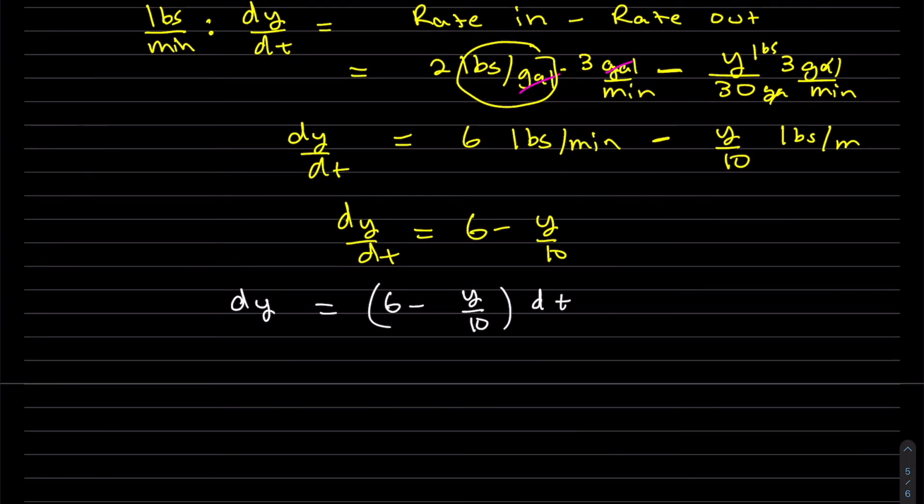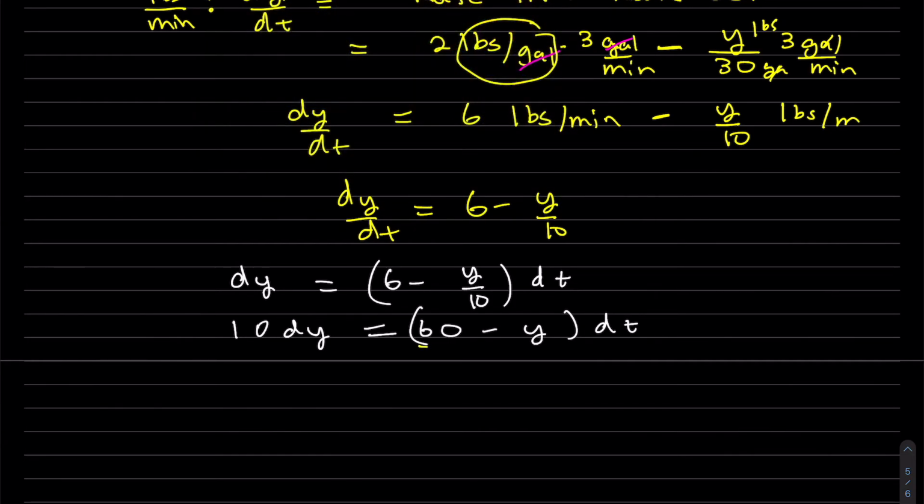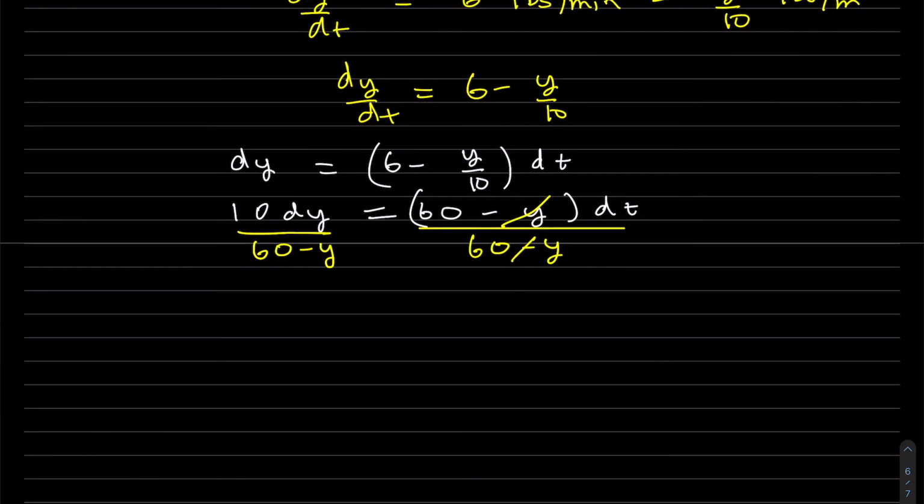If we want, we can clear the fraction by multiplying both sides by 10. That way this is easier. Integrate both sides.